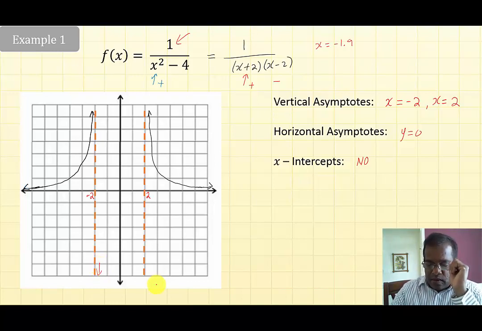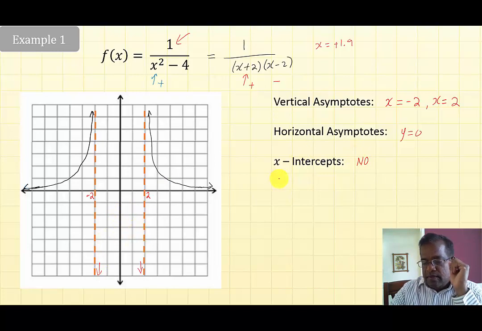And when it is just below 2, we are going to use, say, 1.9. If I use 1.9, this is positive. 1.9 minus 2 is negative. So that means the graph will go over here. Now, where is it going to cut the y-axis? We know there are no x-intercepts, so it's going to turn somewhere over here.